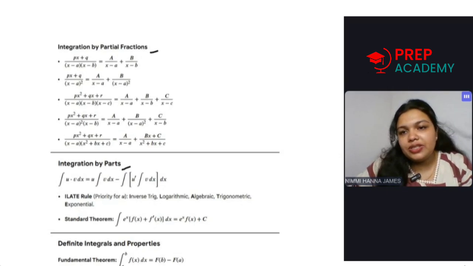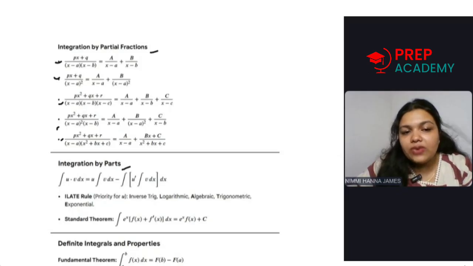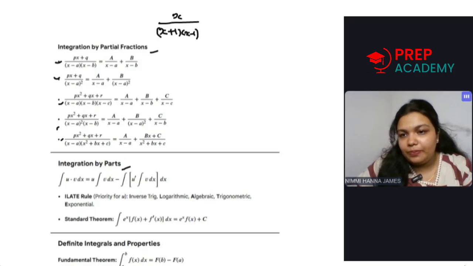Integration by partial fraction is another method. For functions of these 5 forms, there are different methods. So for example, x by x plus 1 into x minus 1. This integration by partial fraction is used for problems whose numerator is a linear function and whose denominator has linear factors, like x plus 1.